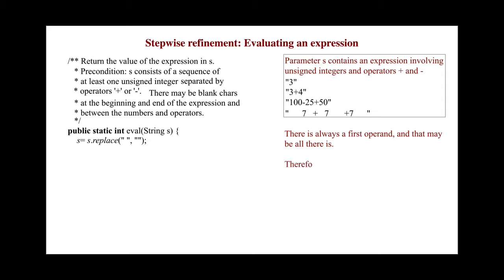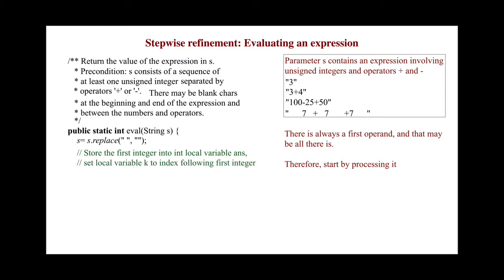So we think of writing a statement comment that uses two new local variables. Variable ans now contains the value of the first integer, and k contains the index of the character following the first integer, as shown in the diagram.